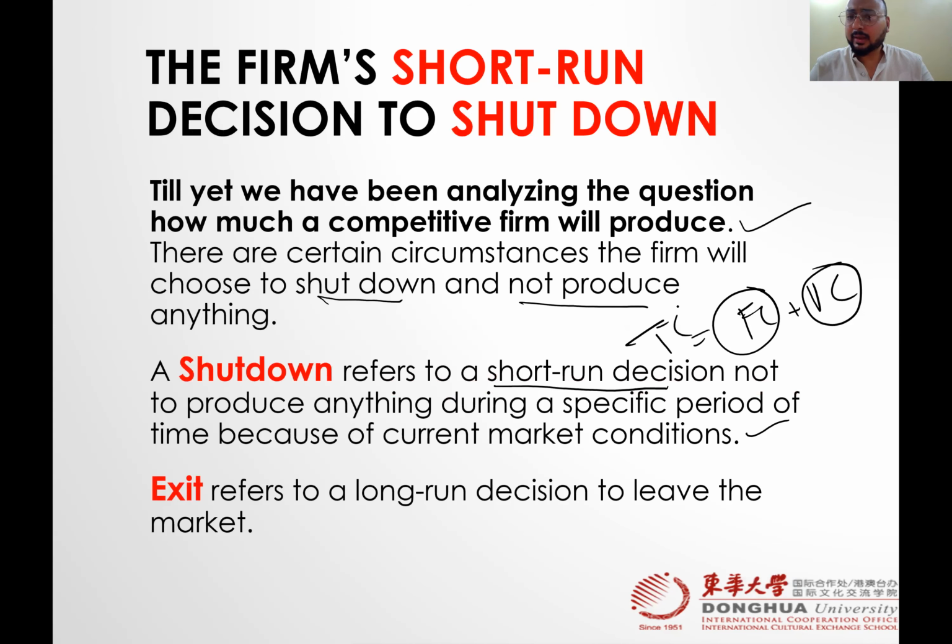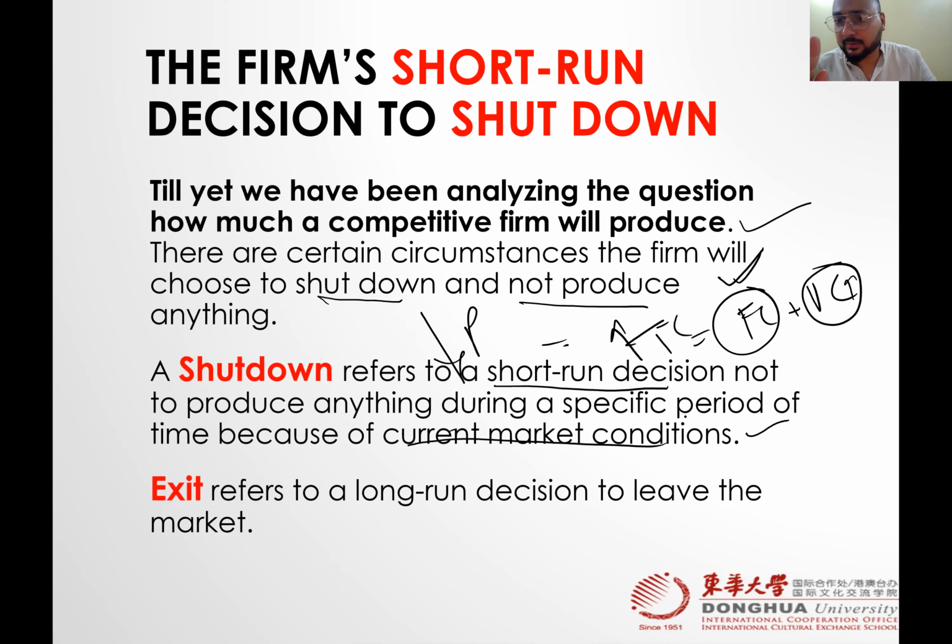But if we produce more, our variable cost is going to increase, which will increase our total cost, and we are already in a loss, so our profit is going to decrease so much. So it's better to shut down. We still have to pay the fixed cost, but we choose not to produce temporarily unless the market condition becomes better, then we resume our production.